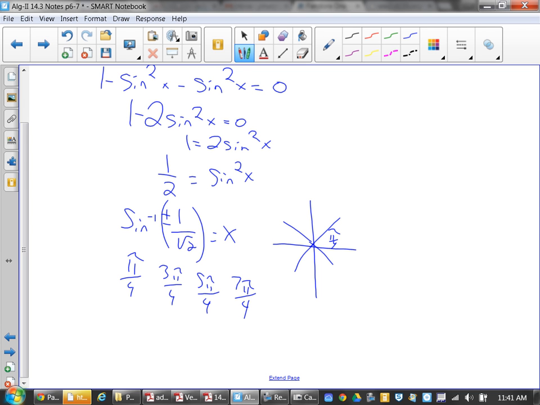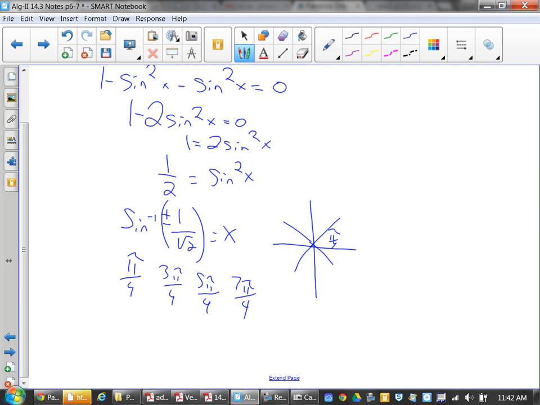Because the ordered pair is the same. Think about it: at pi over 4 your ordered pair is root 2 over 2, root 2 over 2. So if you take the cosine squared minus the sine squared, it's always going to be 0, because x and y are the same. Root 2 over 2 squared minus root 2 over 2 squared.